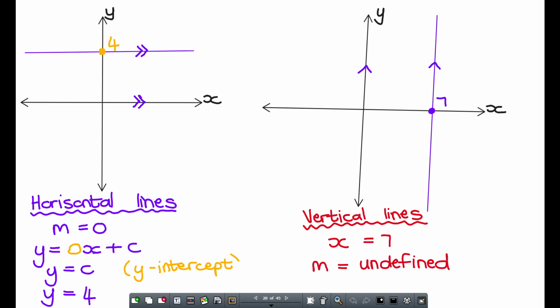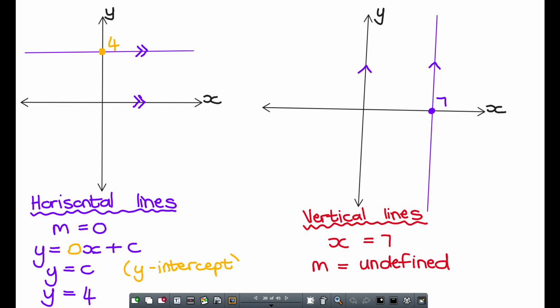Or not no gradient, gradient will be 0. Can you see that over here? Gradient will be 0, because there's no incline. A gradient, we said, is the same as the incline or the steepness of the hill. So when it's a horizontal line, gradient is equal to 0.